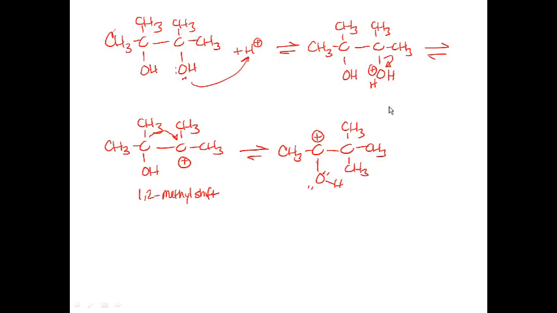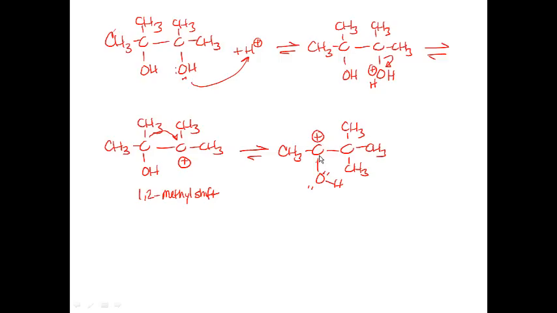So you might say, well, does that really occur? Because when I talked about carbocation rearrangements last semester, we always said that the driving force for this was the formation of a more stable carbocation. How does this work if I go from a tertiary carbocation to what appears to be just a secondary carbocation?